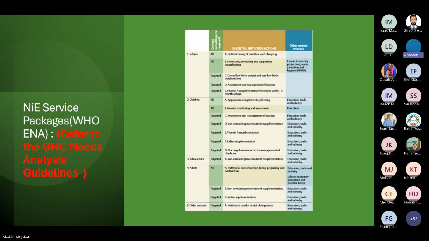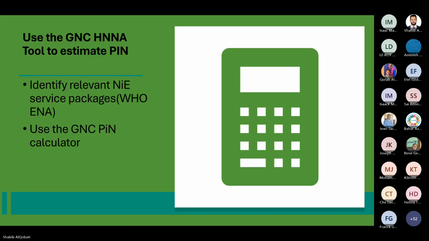Okay, next slide. Now, once we have selected the service package, the next step is how we can use the GNC PIN estimation. I believe this is a very good tool and it makes your life easier.